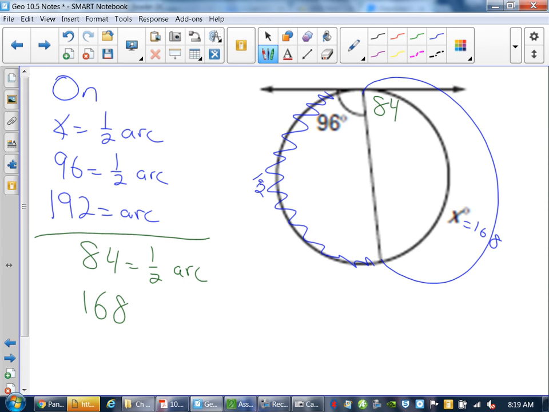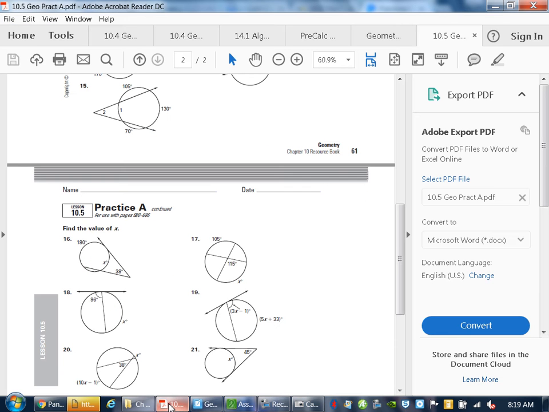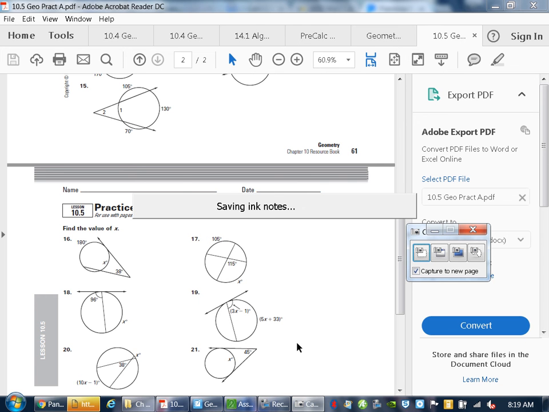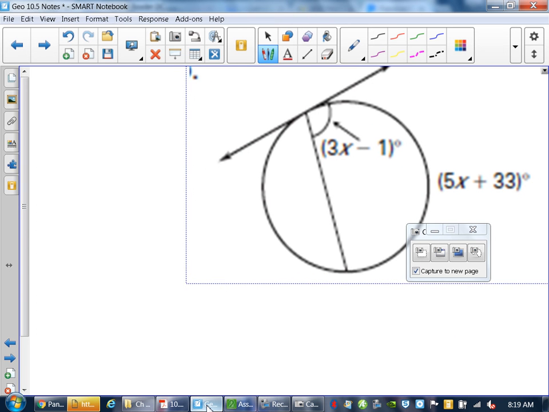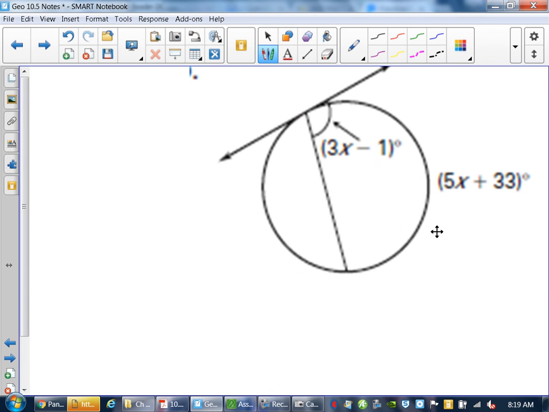Don't you hate math? Okay. Adding a little bit more algebra.